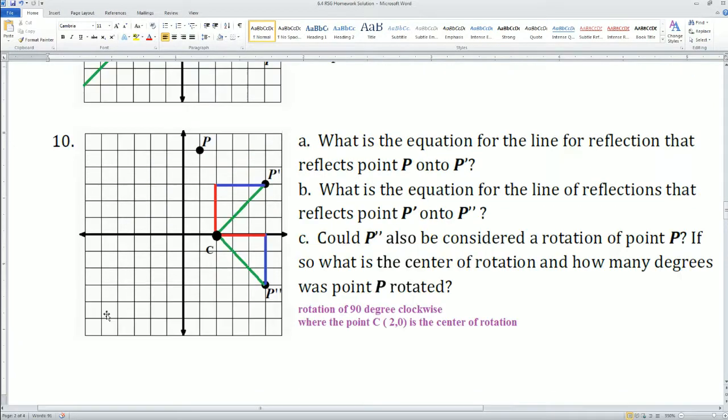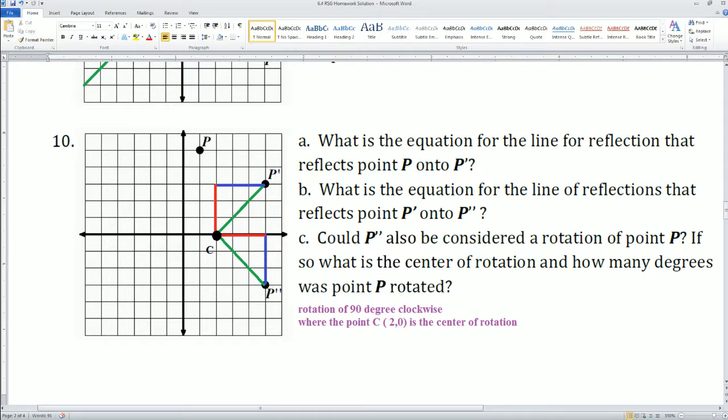I would say that it would be a rotation from P prime to P double prime, because here you see how it's 3, 3 and it goes identically. But can P double prime be a rotation of P? No, it would not be, because there's no way you can extend this. It's too far out.